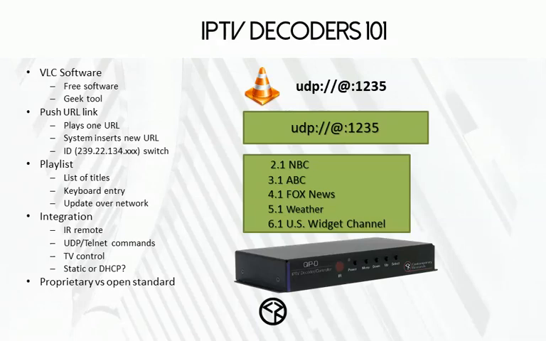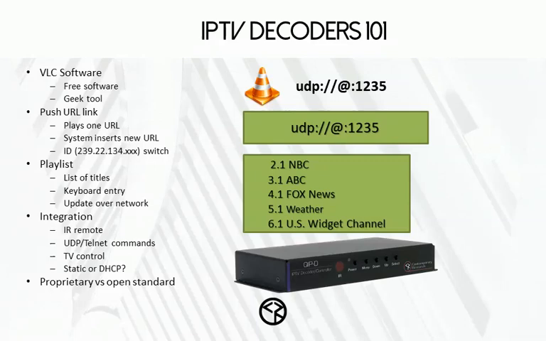One type of system uses what I call a push link, and that is a control system inserts an address, much like the address we have on the screen, and that starts the whole IGMP process going, and then the system plays that program through the decoder. If you want to stop it or select some other stream, you're going to need some type of control system that's going to listen to your request and put that URL inside the box and play that particular stream.